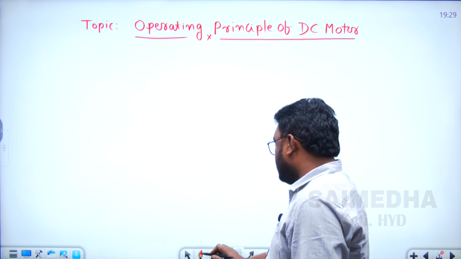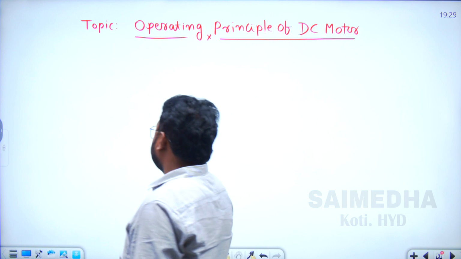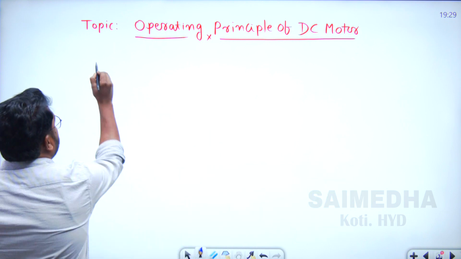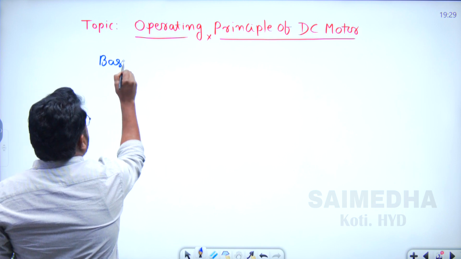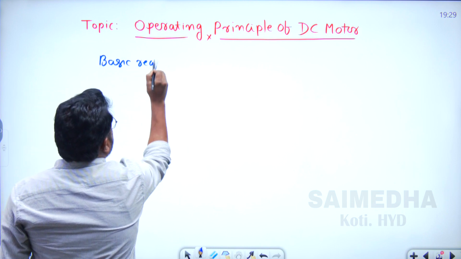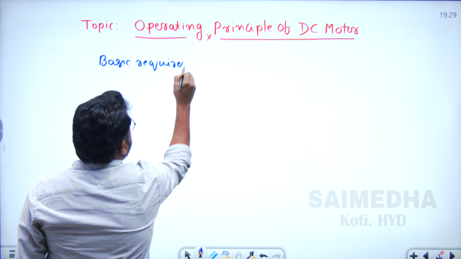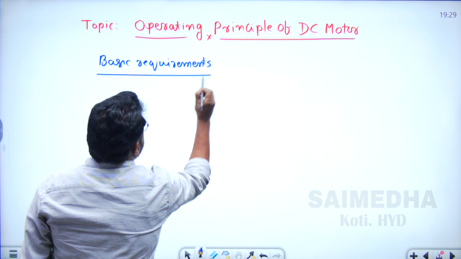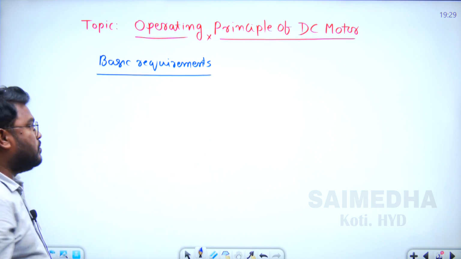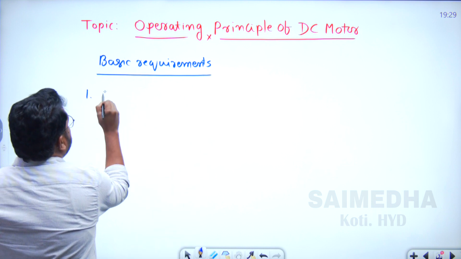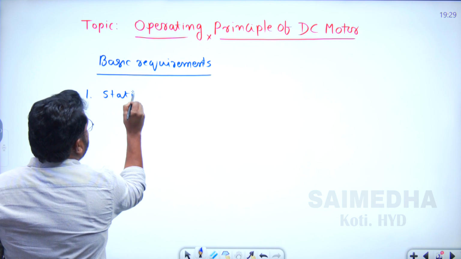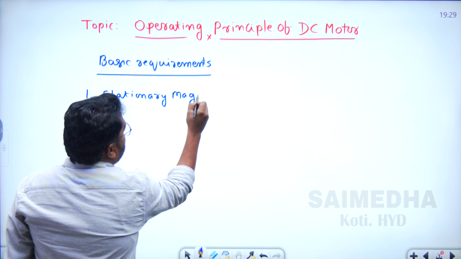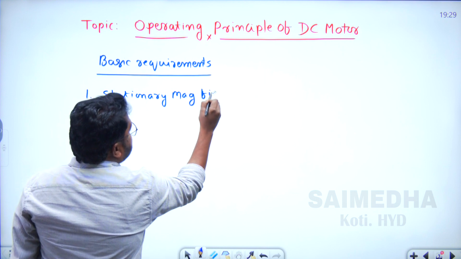The first one: what are the basic requirements to produce the torque in the DC motors? The first requirement is a stationary magnetic field. What is the meaning of the stationary magnetic field?